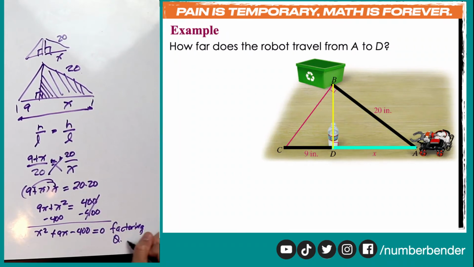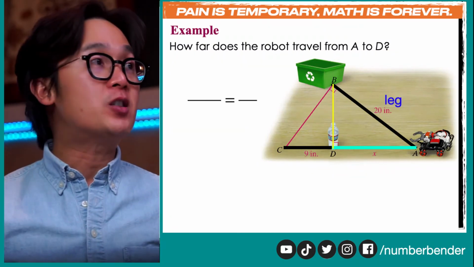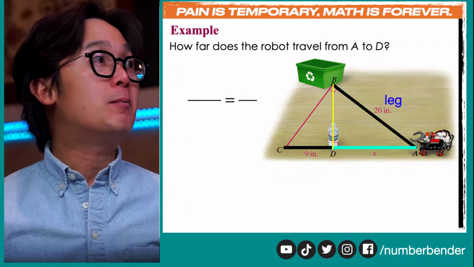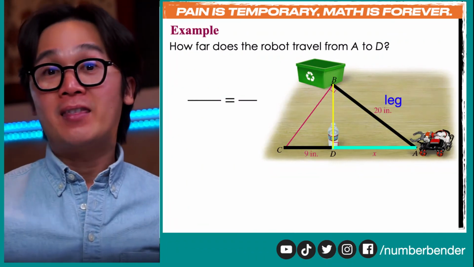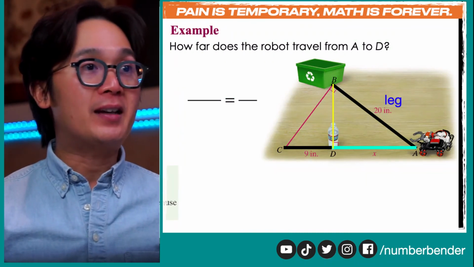Or if you want, you can use the quadratic formula or even the completing the square technique to find the solutions of our equation. And now that we're able to produce our equation based on our proportion, we'll be able to find the solution based on this right triangle.